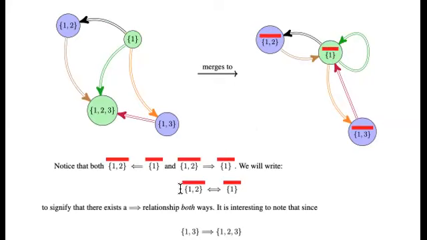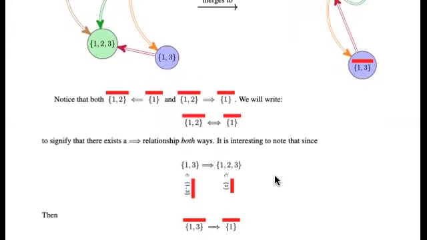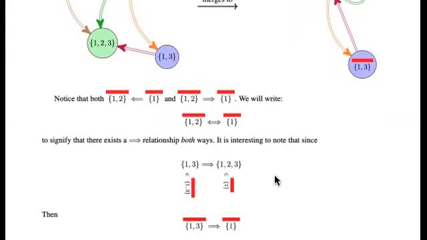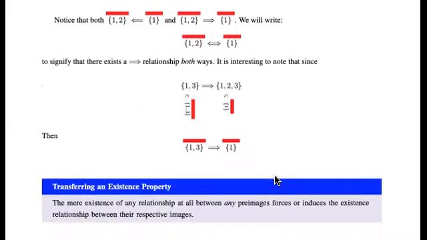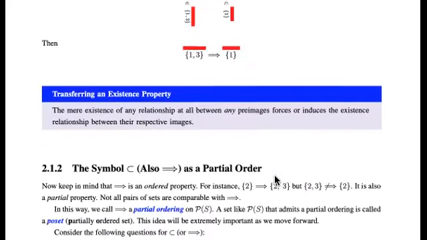In that case, we write the following right here: 1 2 double arrow both ways, 1. At least the chunk 1 and the chunk 1 2 between the two. So we actually have this situation happening, and that's just talking more about what we were discussing.